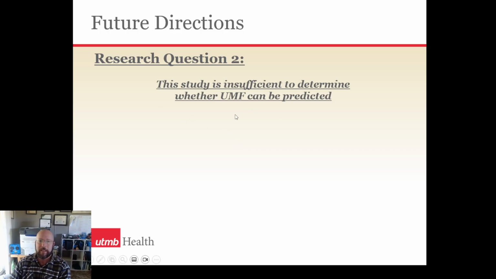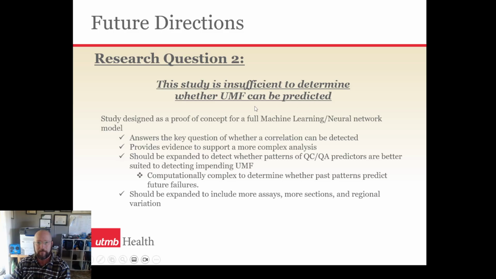some future directions. Again, this study was insufficient to determine whether mechanical failure can be predicted. This part of the study was not designed as such. It was essentially designed as a proof of concept for a full machine learning and neural network. So the obvious next step on this is to re-input this data or a bigger set of data into a proper machine learning large language model to answer some key questions on the correlations.